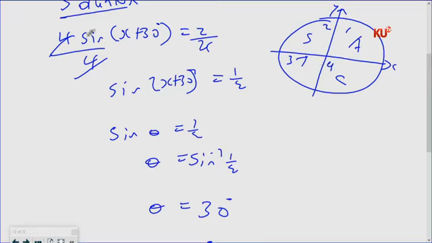We are dealing with the sine. In this question, we had sine. So ask yourself, where will you get sines of angles that will give us positive values, like our 2 over 4? 2 over 4, if you simplify, you get 1 over 2. 1 over 2 is a positive value. That's why we have to focus on positive values here.